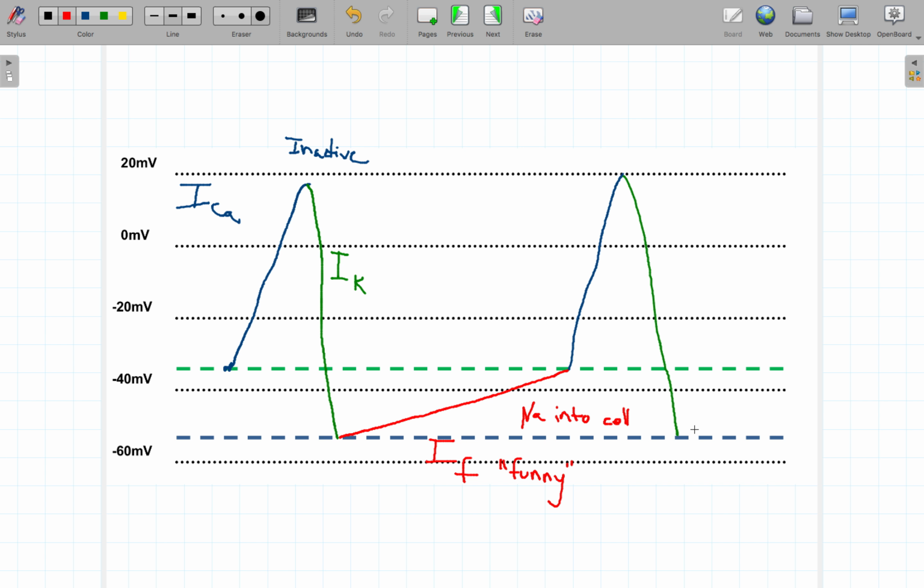What makes pacemakers so interesting is that reaching one threshold sets up a condition that allows us to reach the second threshold, which sets up a condition which allows us to reach the first threshold, and so forth. So it has an intrinsic automatic firing pattern. And again, if we're talking about the SA node, that pattern is something like 100 beats per minute.